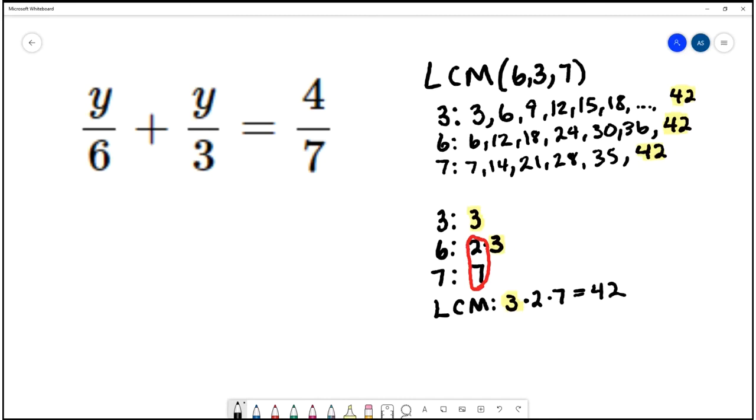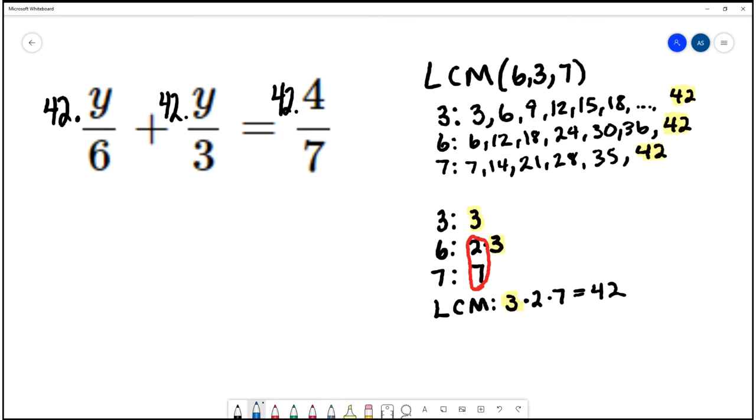Now once you've gotten that least common multiple, you're going to multiply each term by the least common multiple, and that will clear the fractions. I'm going to multiply 42 times y over 6, 42 times y over 3, and 42 times 4 over 7.